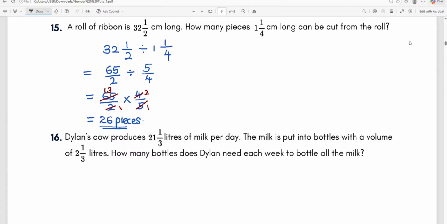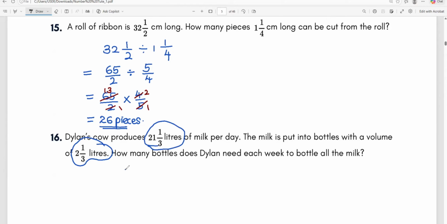The milk is put into bottles with a volume of 2 1/3 liters. How many bottles does Dylan need each week to bottle all the milk? The total amount of the milk is this. The volume of a bottle is this one. Find the number of bottles required.